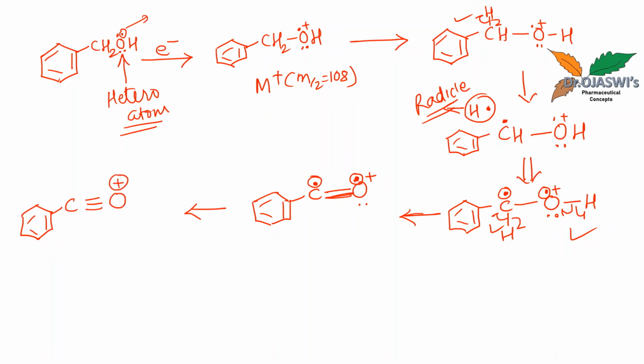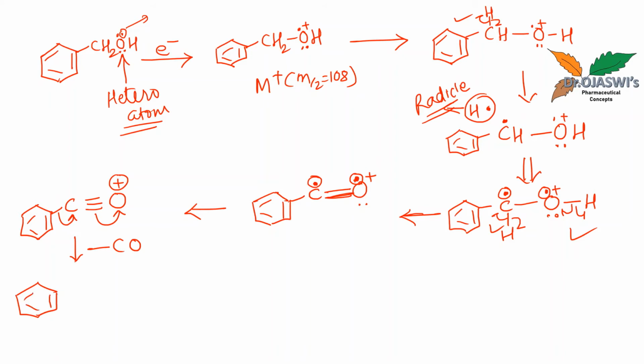Now here the heterolytic cleavage will preferably occur, because of the ease of removal of this neutral molecule. So this neutral molecule will go away and the charge will now shift.